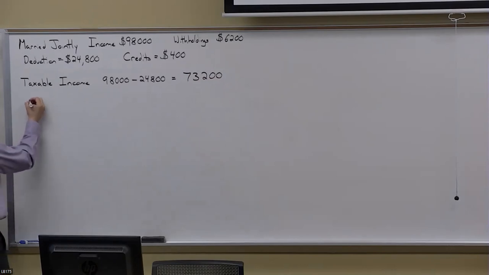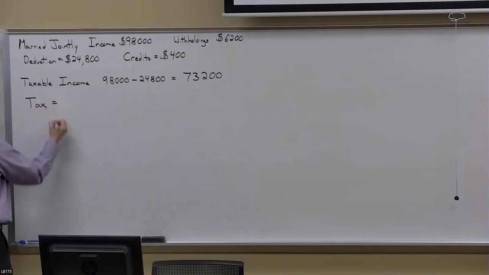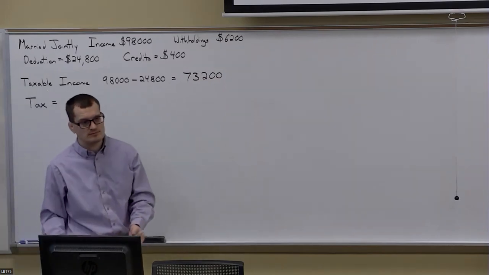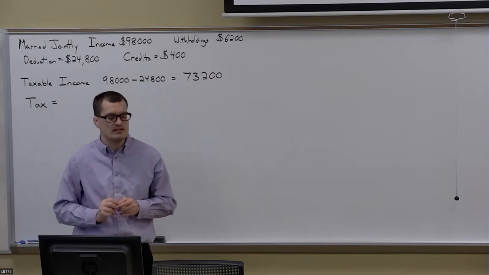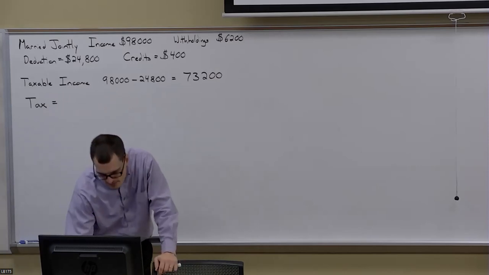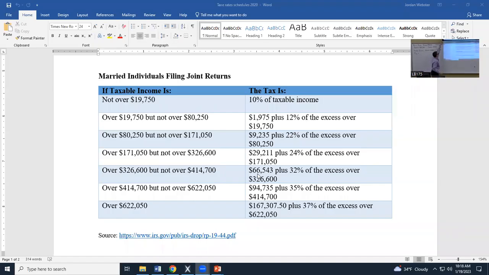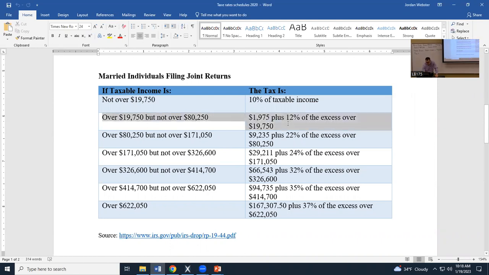Now, the tax before credits, we get that from looking up on our tax rate schedule. We're going to take that 73,200 and look at the married filing jointly. 73,200 is in this category for married individuals filing jointly.